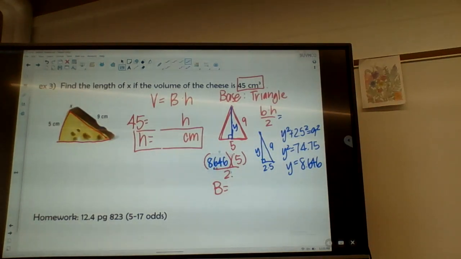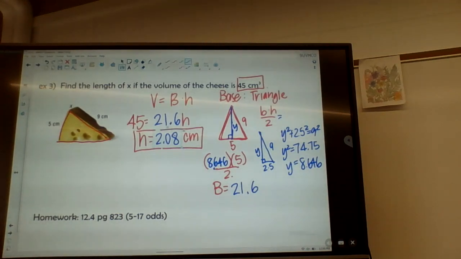Again, I'm going to leave this long decimal in my calculator, multiply by 5, cut it in half. So 21.6. So I'll divide 45 by that. I got 2.08 centimeters instead. Hopefully that worked. Thank you, good call.